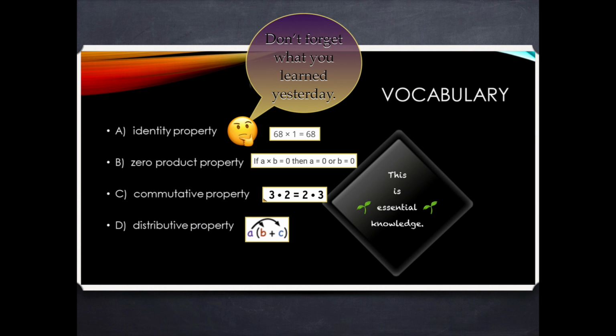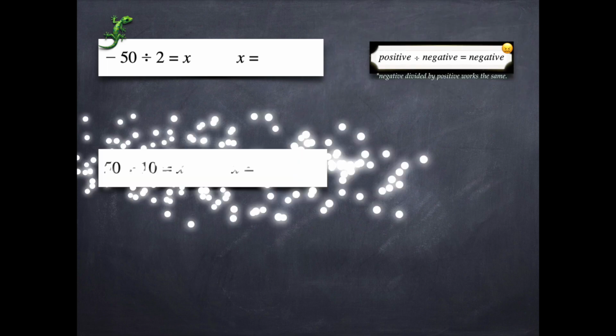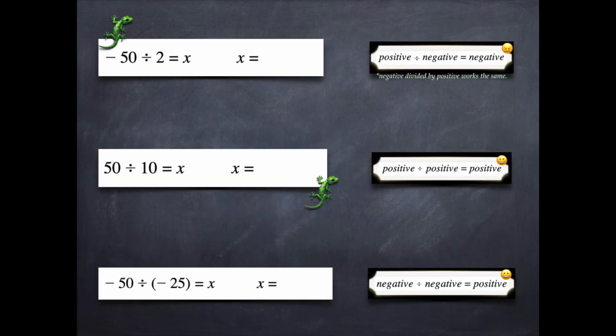And distribute. Check those off in your minds. Get those memorized. Know what I'm talking about or what any teacher is talking about when they use that terminology. Okay? And there we go. A few more problems, and then we'll be done with our notebook for today.